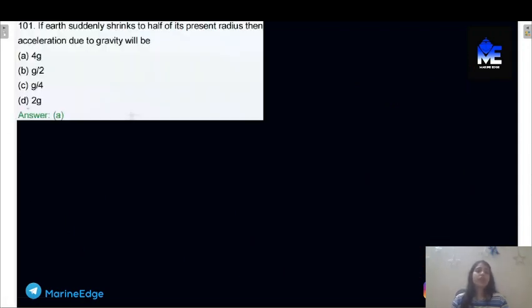Moving on. If the earth suddenly shrinks to half of its present radius, if R becomes R by 2, then the acceleration due to gravity will be, now it is not given if the mass will also reduce or not. But for most of the questions, it is given that the mass remains the same. So in that situation, R becomes R by 2. So g dash will become how much?